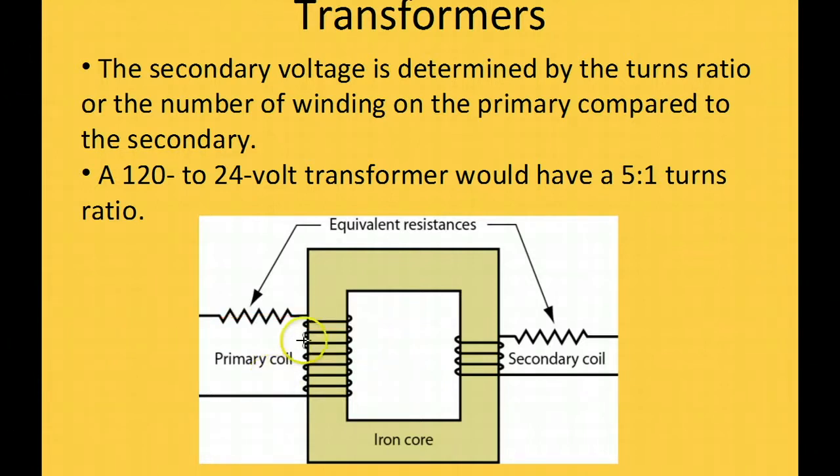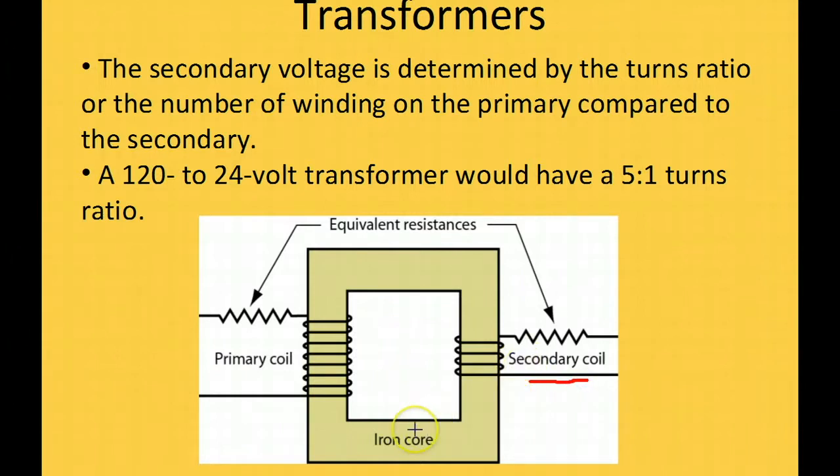So what happens is, as this magnetic field expands and contracts on the iron core, it induces current over here on the secondary coil. This expanding and contracting magnetic field cuts through these wires back and forth and induces a voltage and current over on the secondary coil.